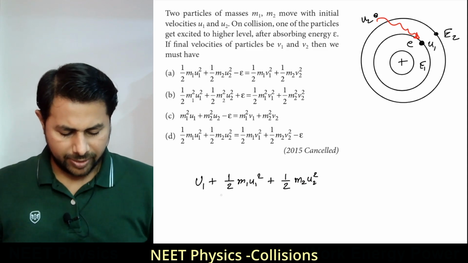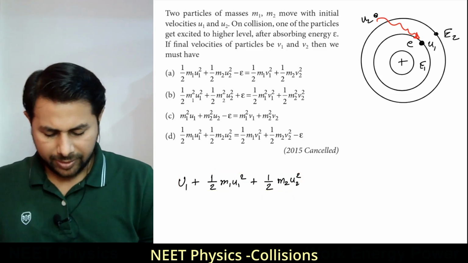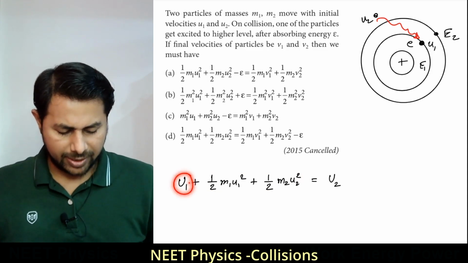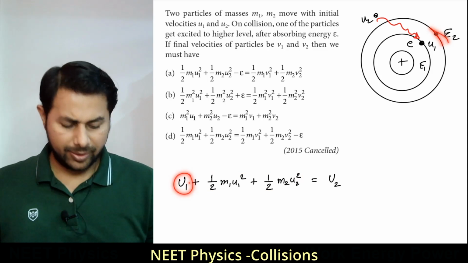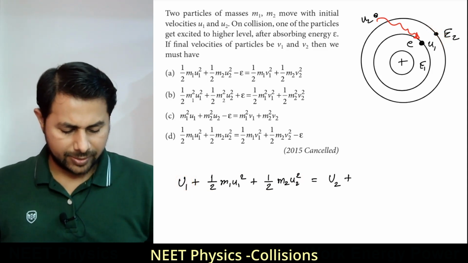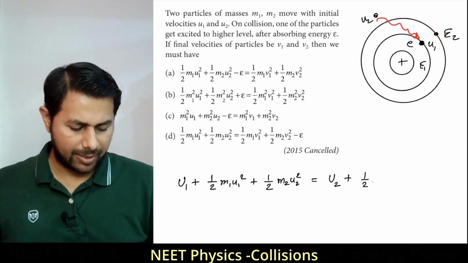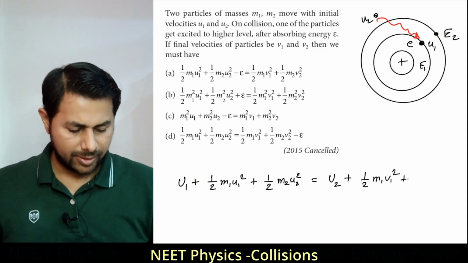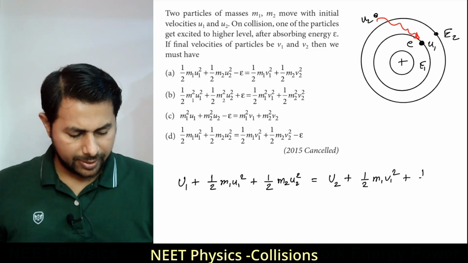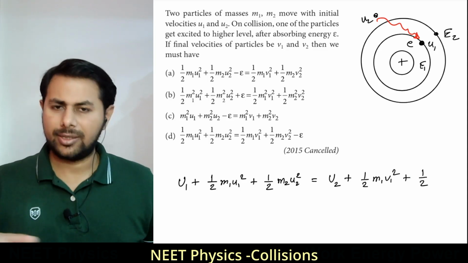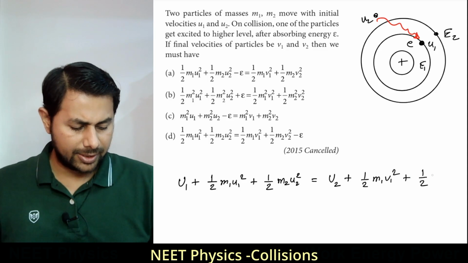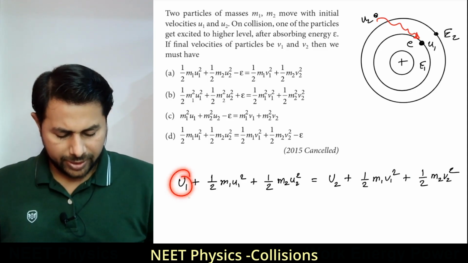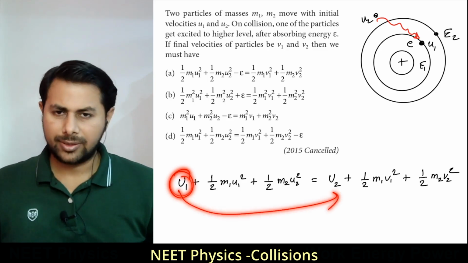That must be equal to the potential energy of the first particle in the second orbit, u2, plus its kinetic energy in the second orbit, half of m1 v1 square, plus, since the speed of the second one is v2, its kinetic energy, half of m2 v2 square. And now you can move this u1 to this side, so what do you get?